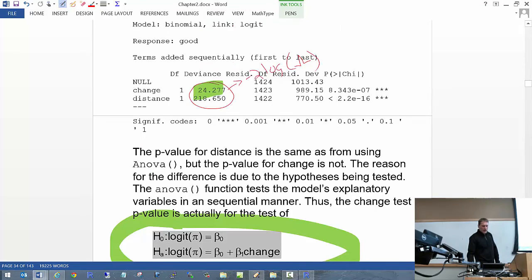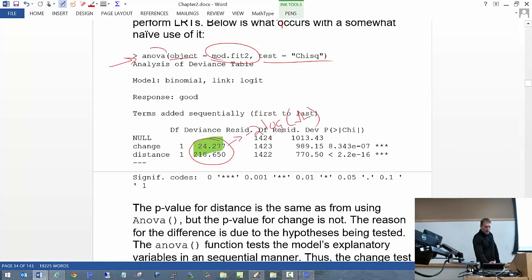The way that the little anova function is set up is to construct a set of sequential hypotheses. If you remember the way that we specified our model, we had change first, distance second. And so what this does is basically add one variable at a time to the model and test the corresponding sequential hypotheses.